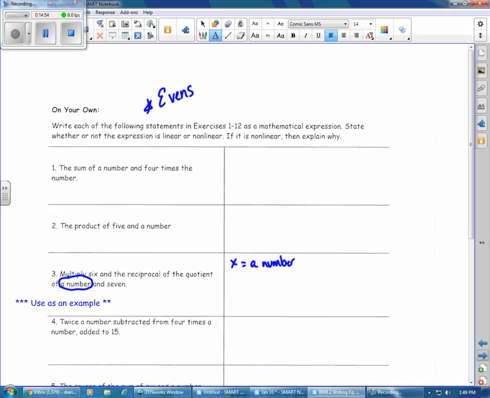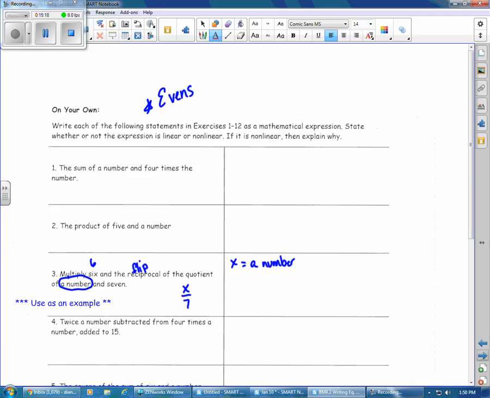And let's take a look here. It says multiply 6 and the reciprocal. Remember, the reciprocal is where we flip it. Whatever was on top goes on the bottom and vice versa, of the quotient of a number and 7. So the quotient of a number, that's the thing we don't know, x over 7, that's the quotient.